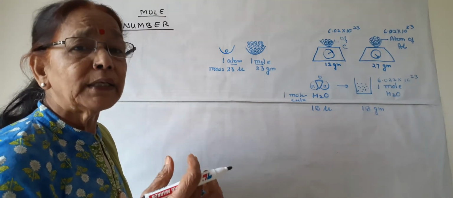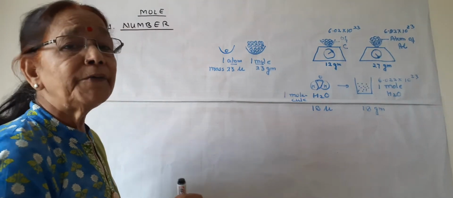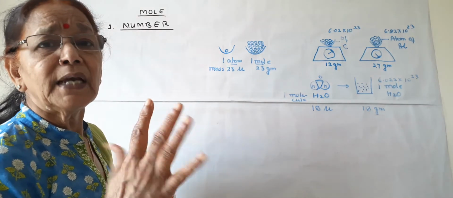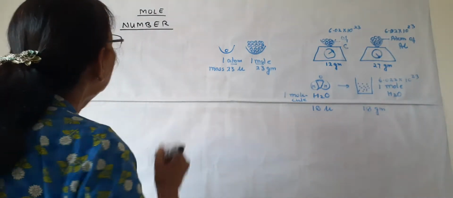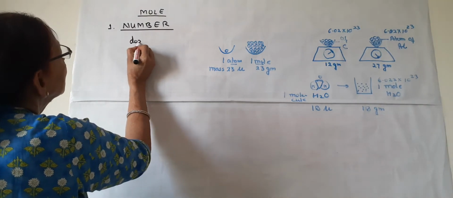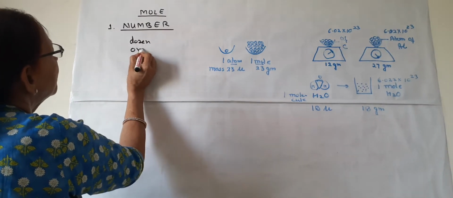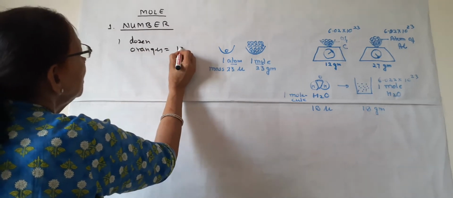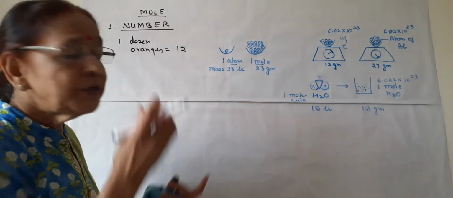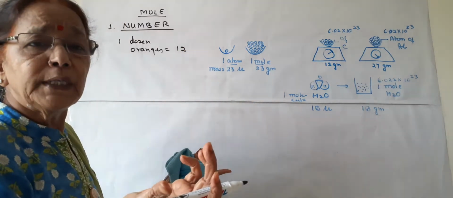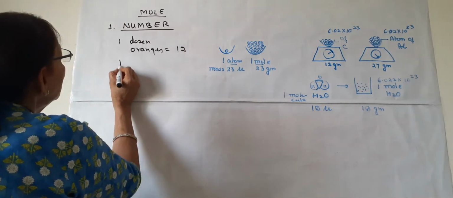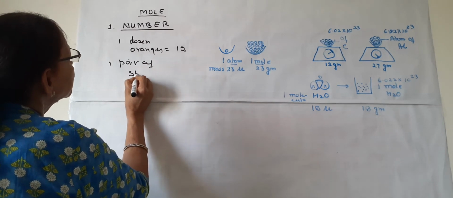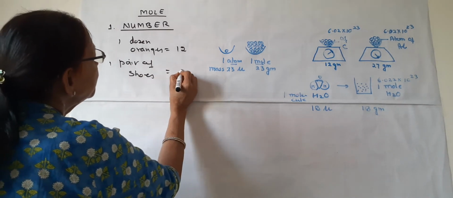It is unitless. Like we have a pair of shoes, so 2 shoes are there. Or suppose we have one dozen oranges. What does it mean? We have 12 oranges and no unit is there. Suppose we have one pair of shoes. So how many shoes do we have?